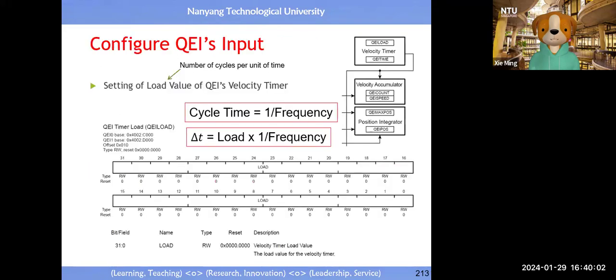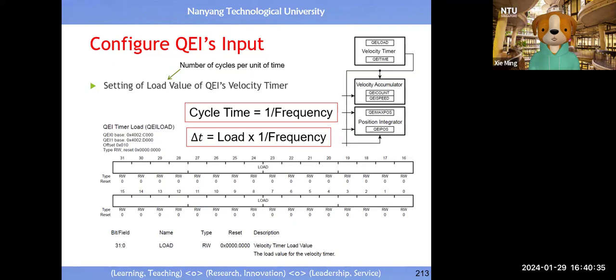Okay, to configure the input, you need to determine the time window to observe the measurement, data T. Data T is equal to the value you load times 1 over frequency. 1 over frequency means the duration of each cycle of the system clock, right?